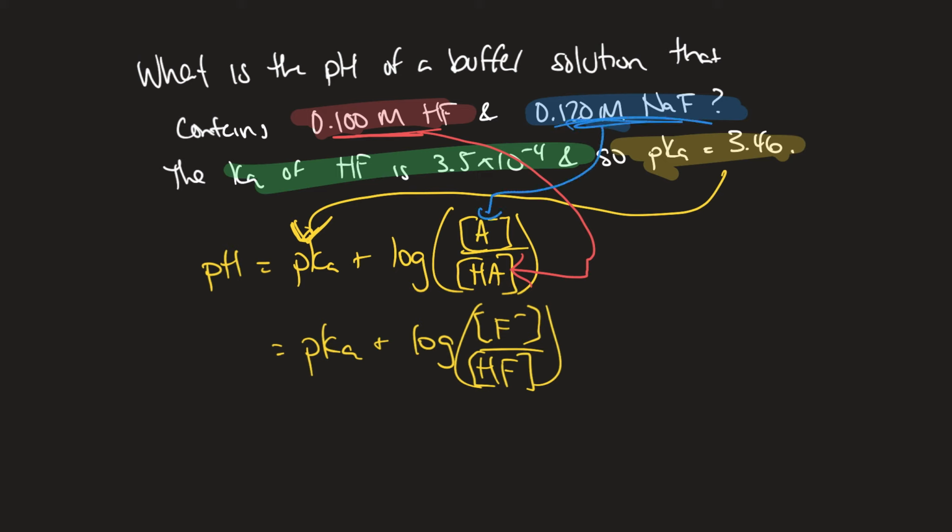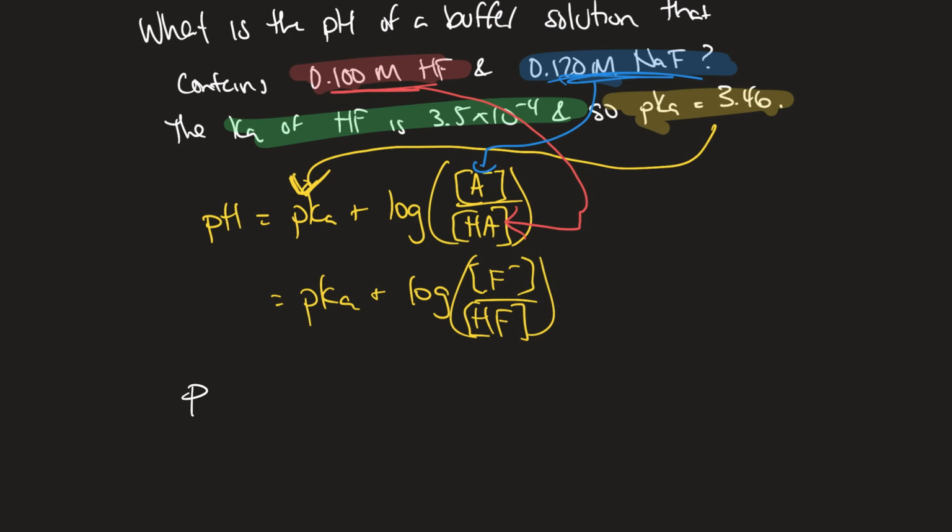When we plug this into our equation, we get pH equals 3.46 plus the log of 0.120 molar for F- over 0.100 molar on the bottom.